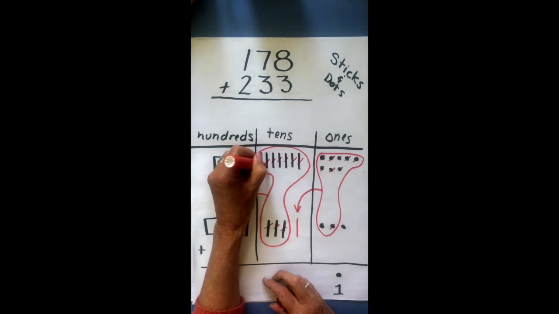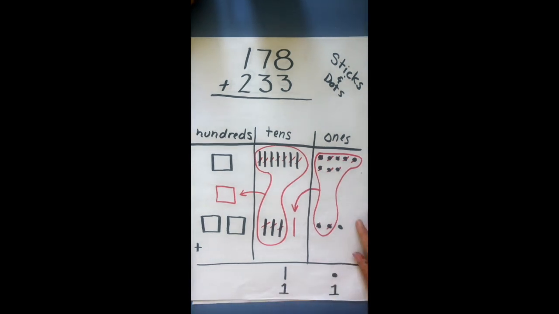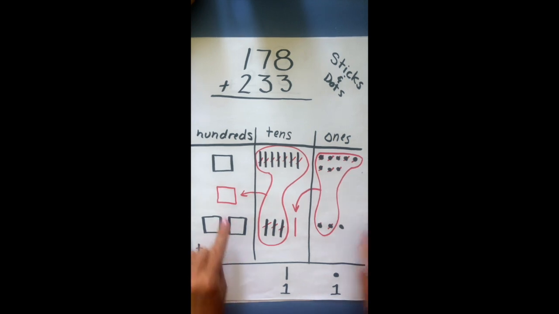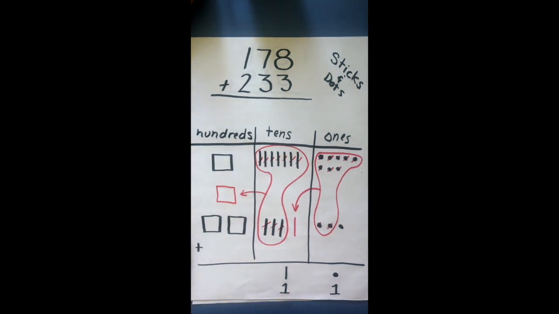So I just got rid of these. I'm just double checking because sometimes my picture, it's not good. So now I know I'm left, that's weird, I'm left with 1. So I'm going to draw a stick and the number 1. Okay. And then here, I'm just going to go and count my hundreds. And hopefully there's not more than 9. So 1, 2, 3, 4. There's only 4.